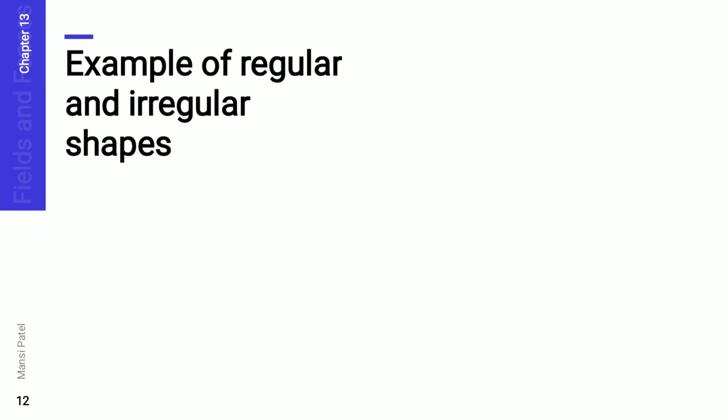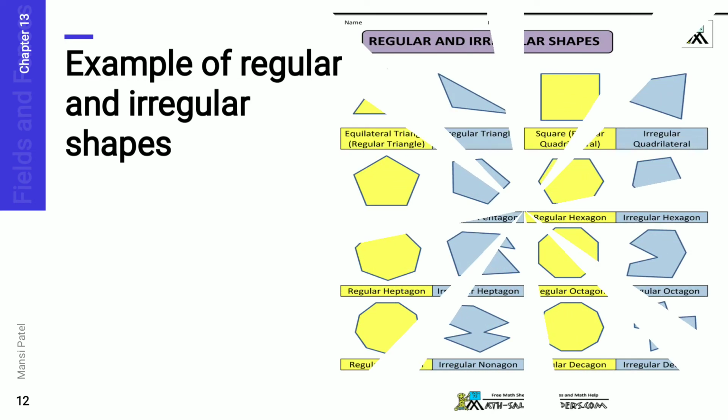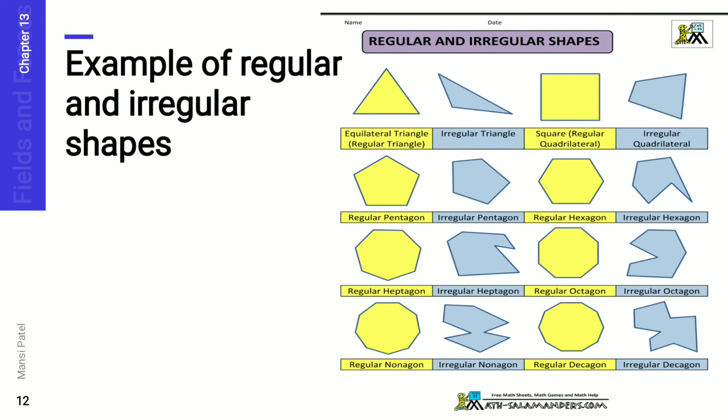Here you can see some examples of regular and irregular shapes. In the first one, in this triangle, all the sides are equal. So it is known as a regular triangle.